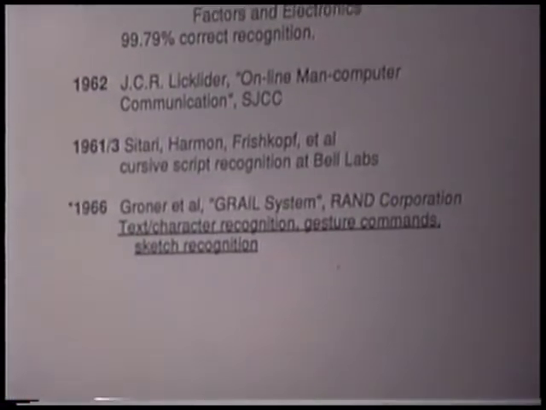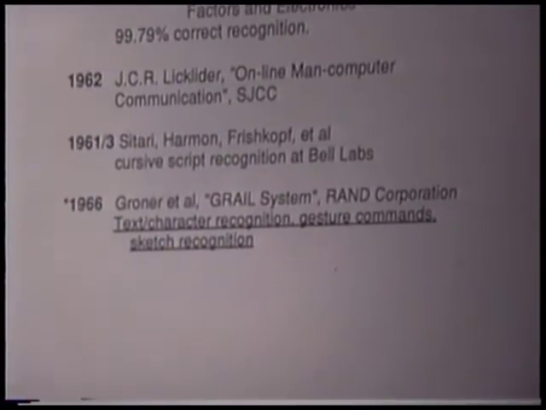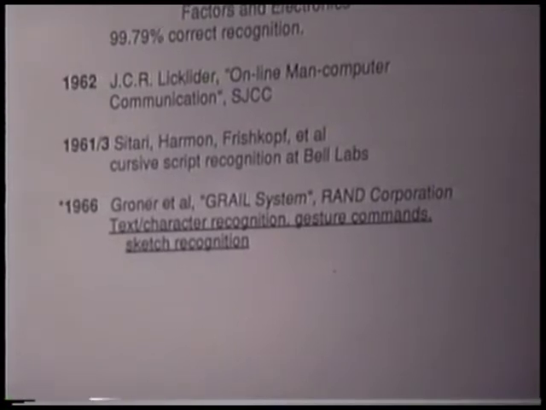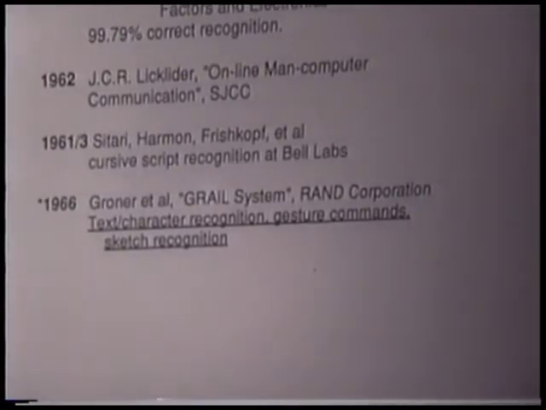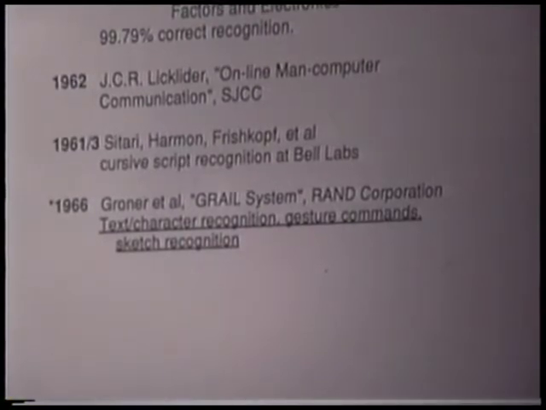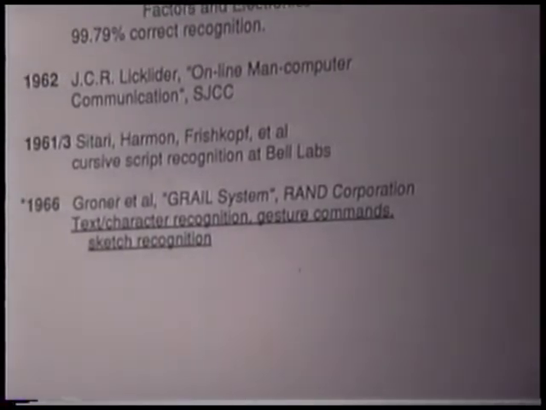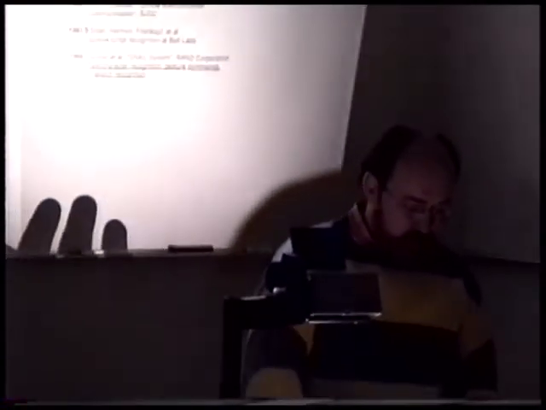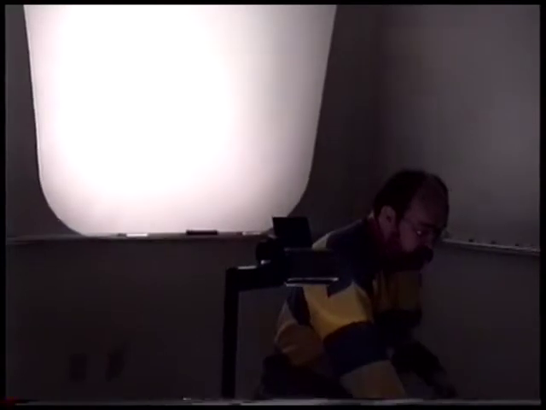And then one that's very interesting, the GRAIL system, done in 1964 to 1966 at Rand Corporation. This was a user interface application system that included text character recognition, gesture commands, electronic ink, sketch recognition, and printing up handwritten drawings. It's a good time to get to some pictures.